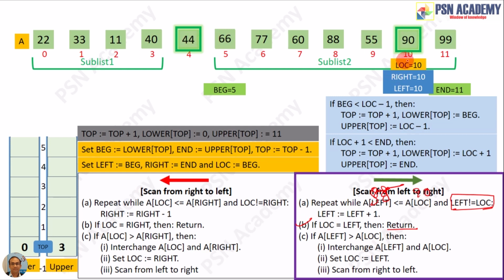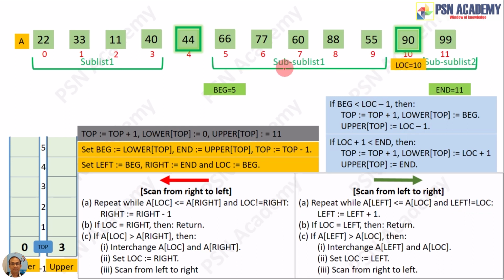Now after getting this 90 in its correct position, we have to find out the sublists. So we can see the sublist will be looking like this, that it will be starting from 5 and ending at 9, that we call sub-sublist 1. And this one is sub-sublist 2, which is a starting index at 11 and the ending index is also 11, right?